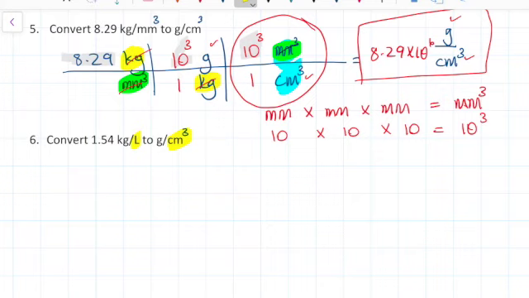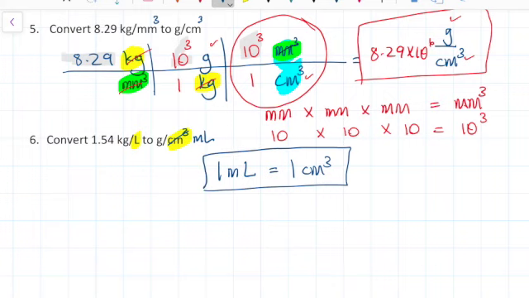And my first reaction might be fear until I remember that in measurement, a milliliter is the same as a centimeter cubed. So you know what I'm going to do? I'm going to cheat and I'm going to convert this to grams per milliliter, and then I know my answer will be the same thing. How will I know that? Because I know this. So recognize that a milliliter is a centimeter cubed, and then you're off.